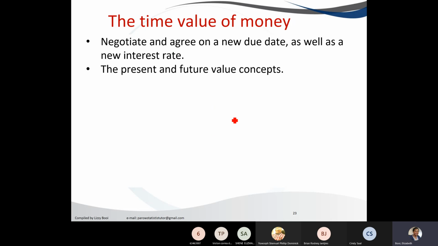So let's say we borrow money and we said we want to pay it back after 5 years. But maybe after 3 years, you receive a bonus that enables you to settle your amount because you want to live a debt-free life. So then, remember the interest, usually it was calculated based on the 5-year term that you were going to be paying that amount. Now, when you're moving your money backwards, then what you need to be repaying will also be less. It's the same as the settlement amount.